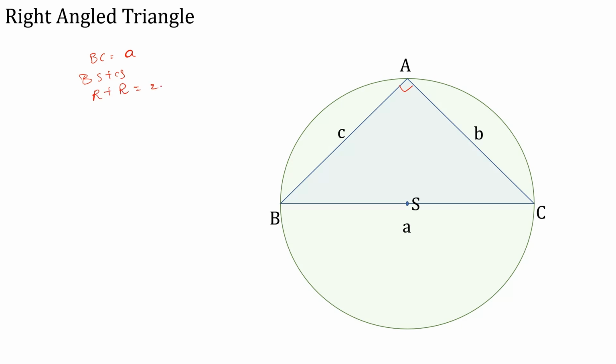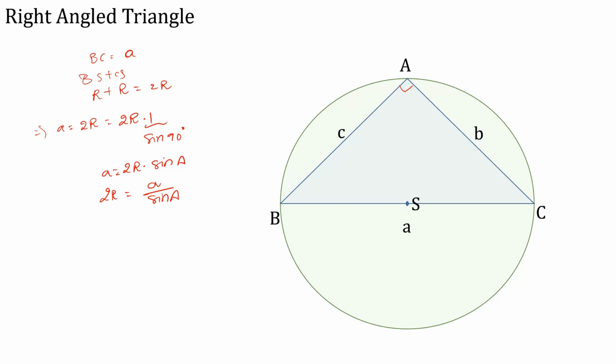So R plus R is 2R, which means that small a can be written as 2R, or we can simply write this as 2R into 1. 1 can be written as sine 90 degrees, and in this triangle, sine 90 degrees is at angle A. So we'll write this as sine A. So 2R is equal to small a upon sine capital A. Like this, we can derive for the angle A. In that right angle triangle, we have seen it for all the angles.